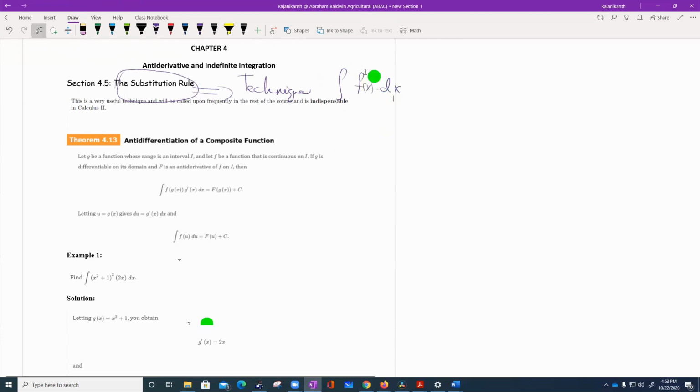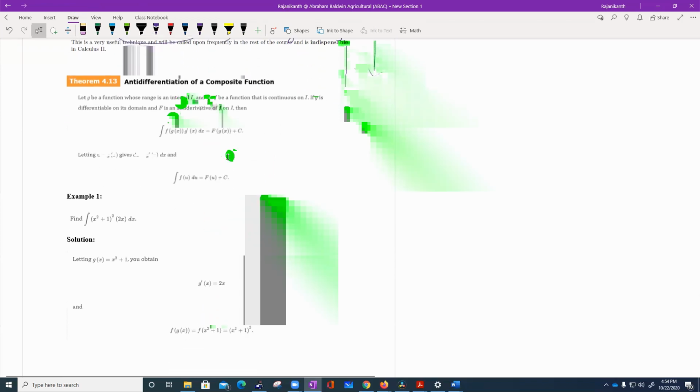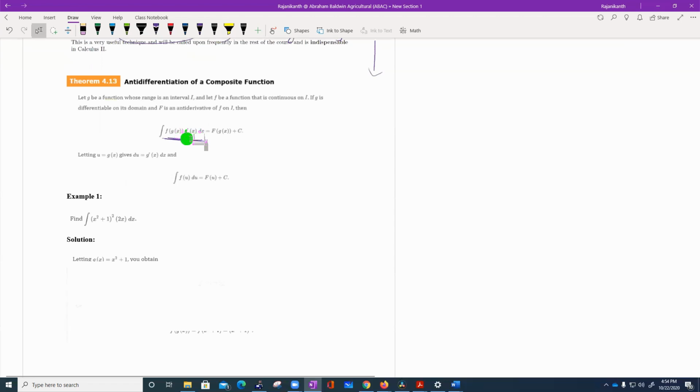There may be a complicated function inside the integral, so we use this technique to do the given problem, okay? What does that mean? If you see this kind of pattern in the given problem, where you are given a function and then its derivative, then it could be rewritten in this form.